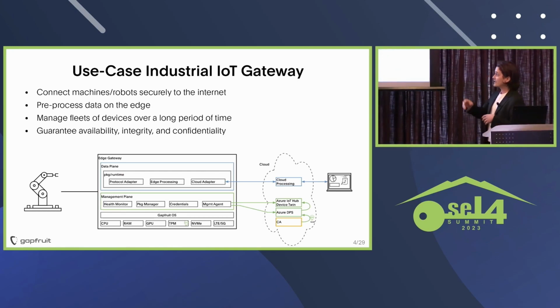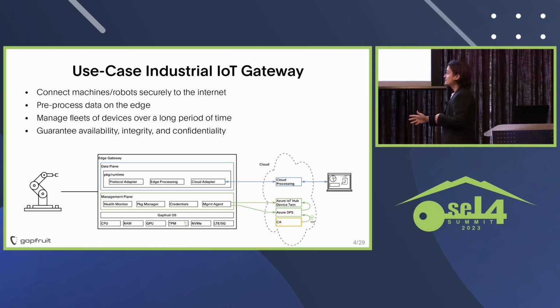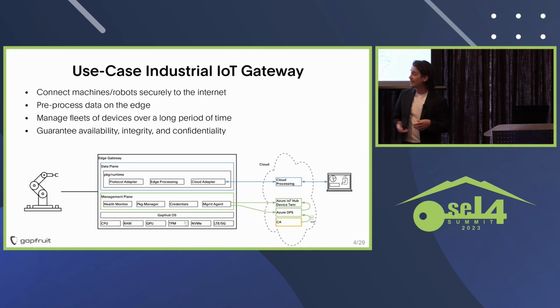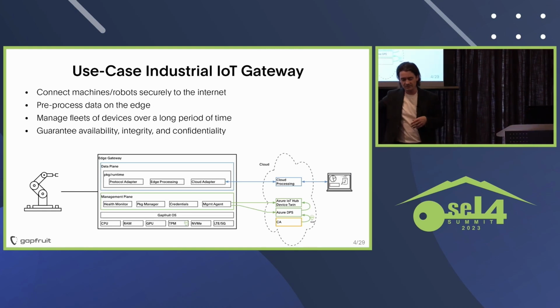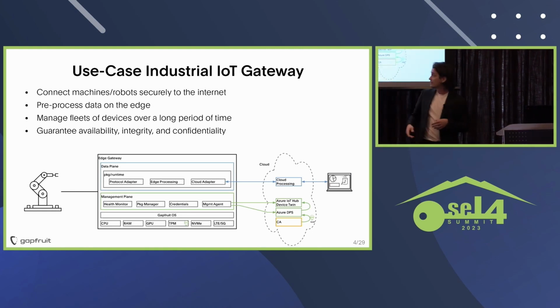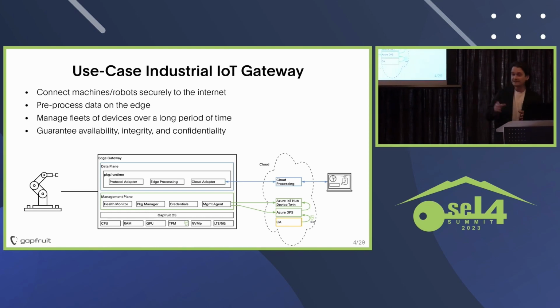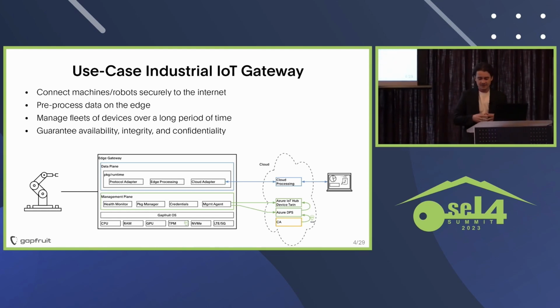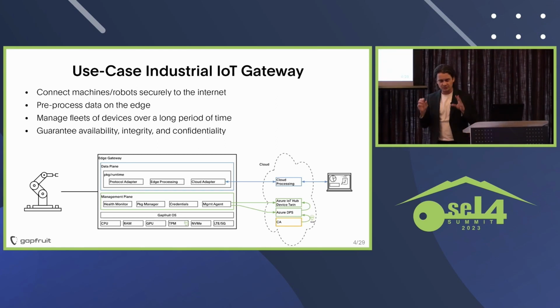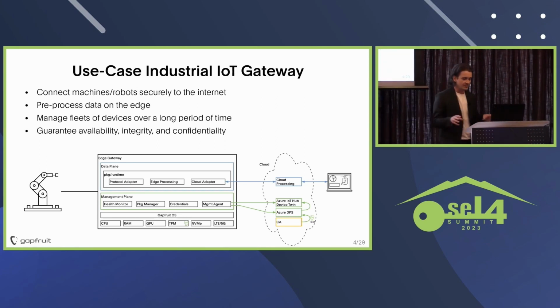So this gateway is responsible for the availability, the integrity, and the confidentiality of the industrial equipment on the left. And in that order. So industrial equipment needs to produce always. So availability is key.